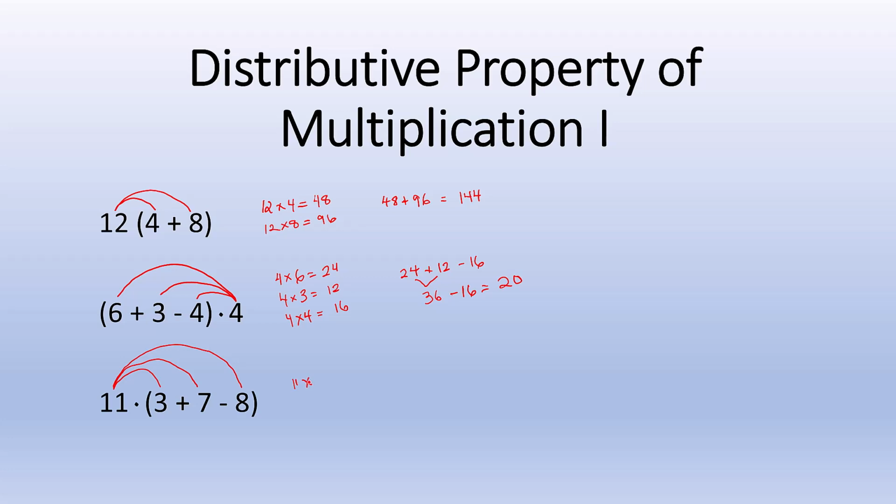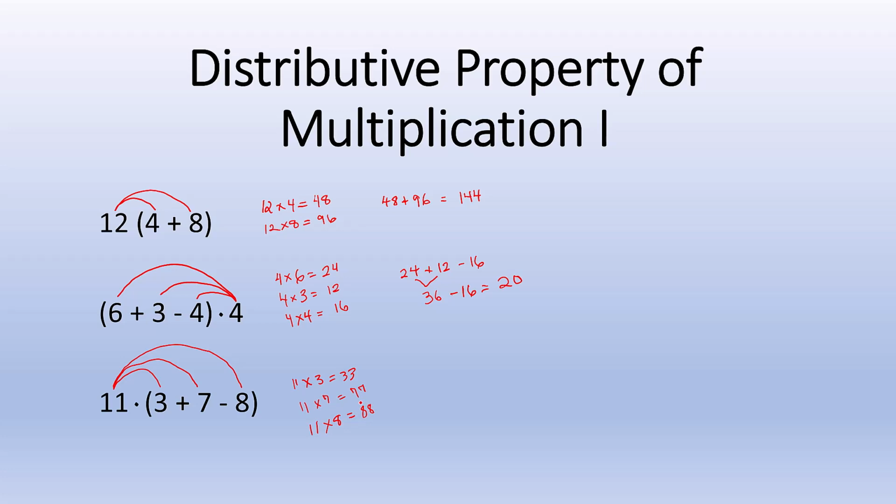11 times 3 equals 33. 11 times 7 gives me 77. And then 11 times 8 would give me 88.